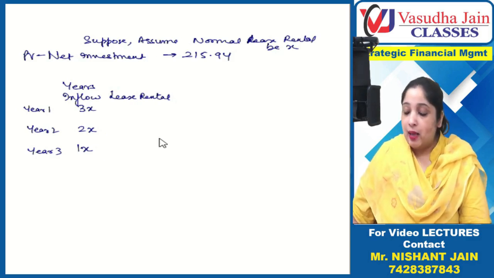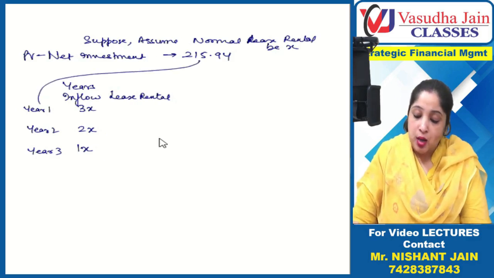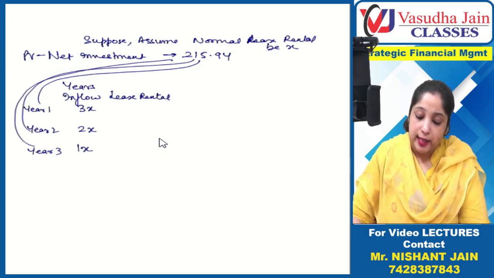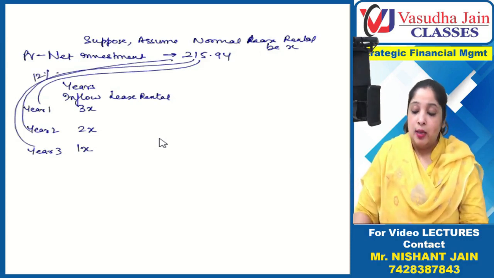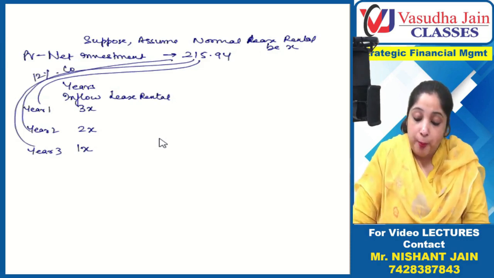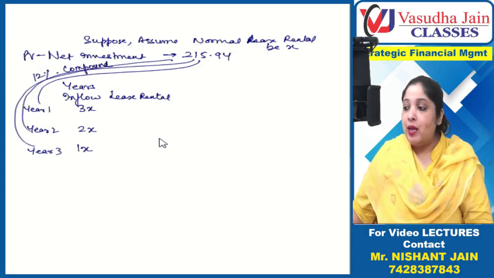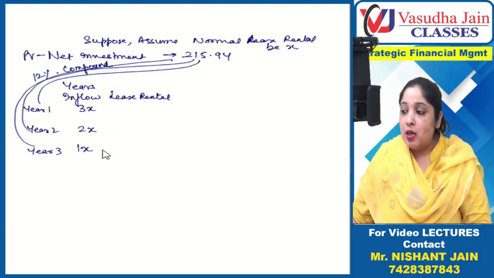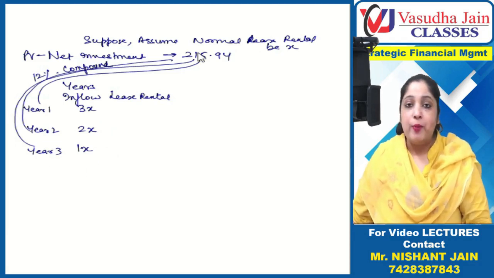Now this is the income. Your target is to earn on these lease rentals at the rate of 12%. Basically you want your investment to compound at the rate of 12%, right? So if we discount these figures, it should come to 215.94.